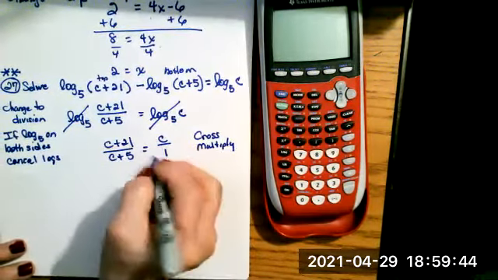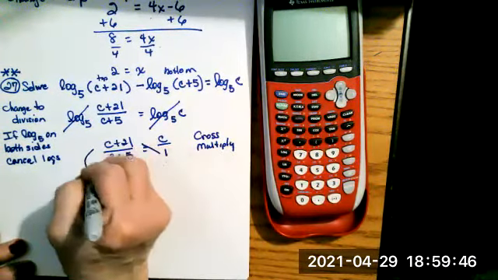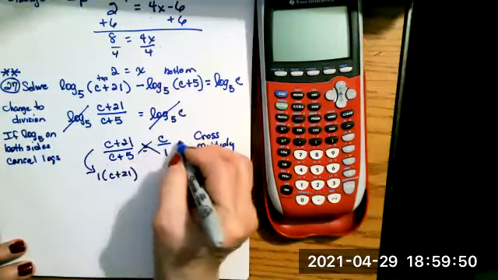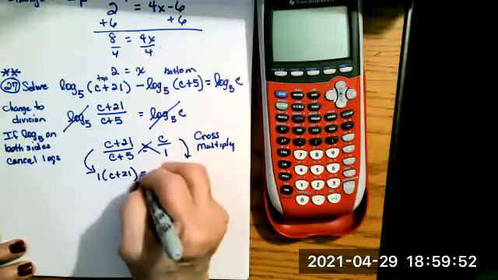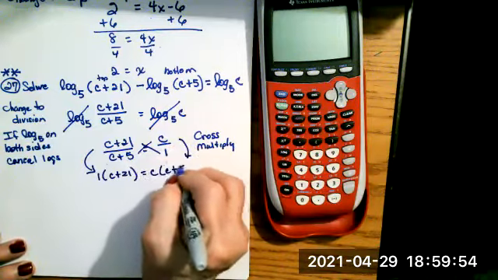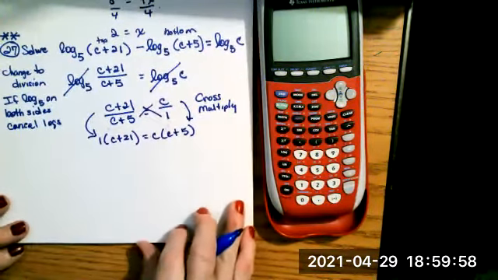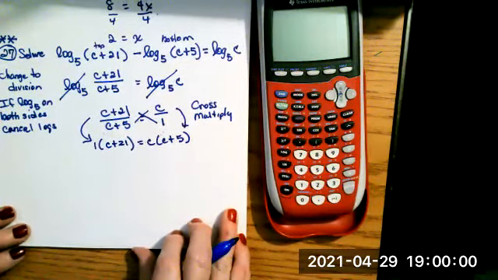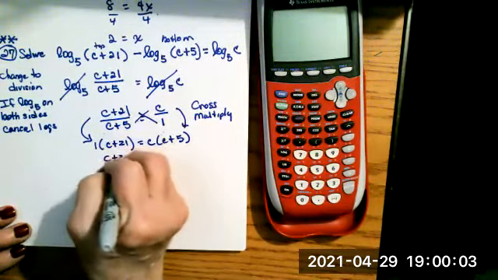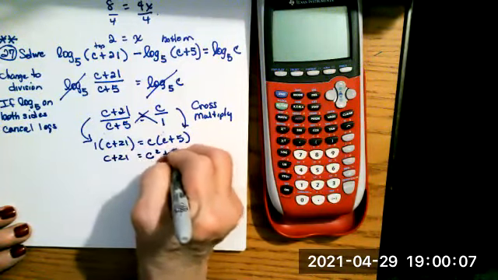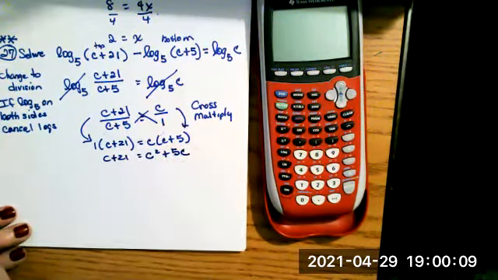So I have this way, 1 times c plus 21, and going this way, I have c times c plus 5. So I have c plus 21 times the 1 is not going to change it, and c squared plus 5c.